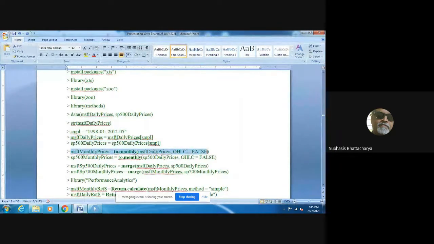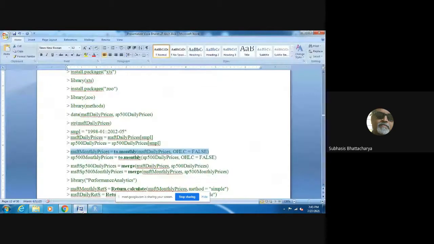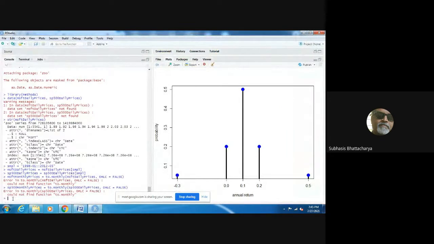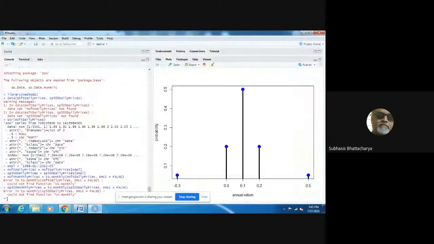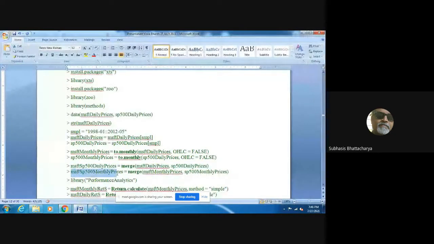Then monthly prices. Then I combine these two, in terms of daily prices and also in terms of monthly prices.